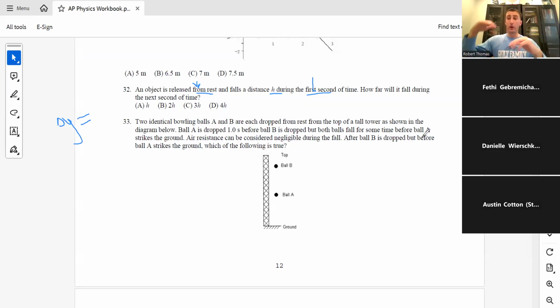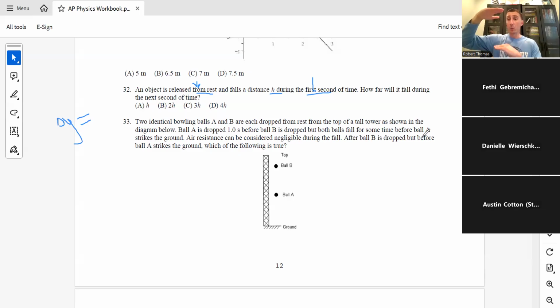If we want to know how far it goes in the second second, in other words, from second 2 to 3, I'm going to go from the start because I know its initial velocity is 0 at this point where I'm dropping it. So I'll set v naught is 0, same thing. I'll set acceleration is still negative 9.8.